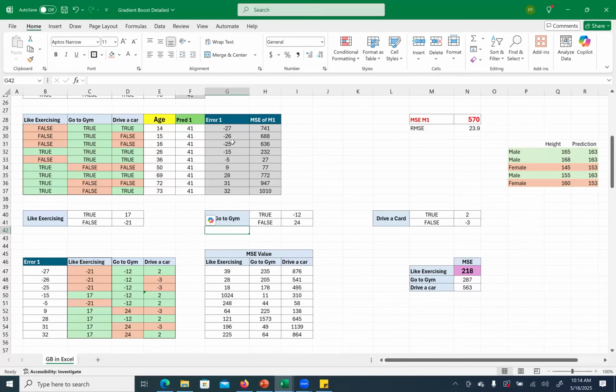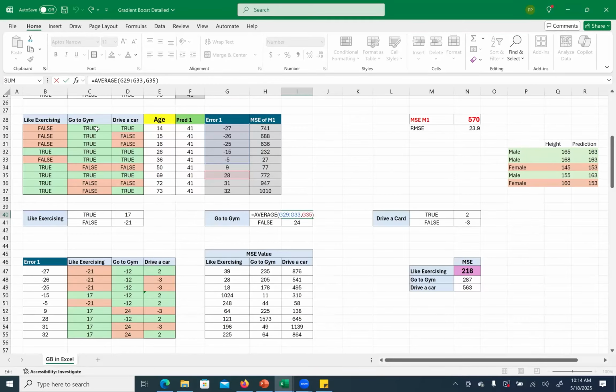The same thing I will do for the go to gym variable. Wherever it is true, I take the average of that. Wherever go to gym is true, the first 5 rows and the 7th row, and wherever it is false, I take an average.